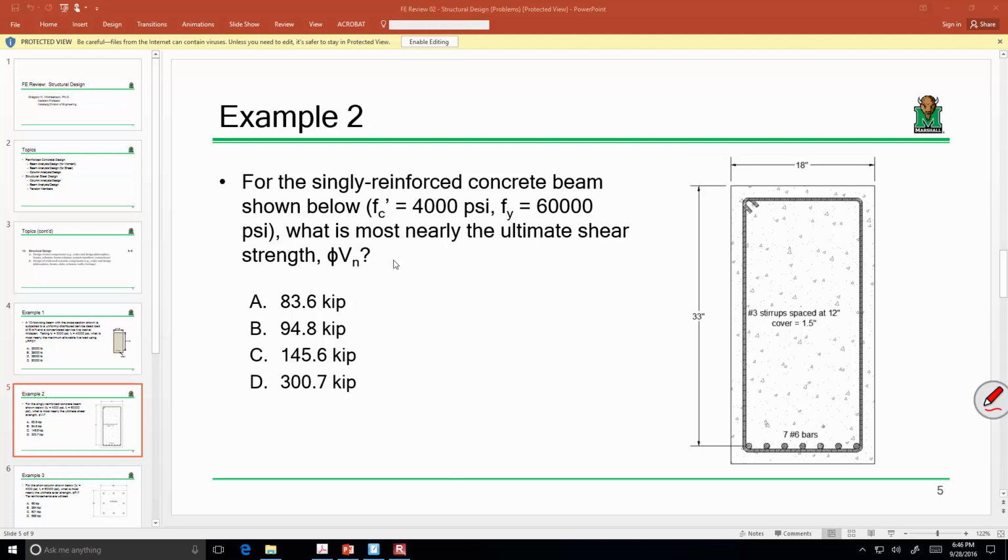Now, let's go into your handout, your reinforced concrete section from the code, and tell me, how do we compute the shear capacity? Obviously, we're going to calculate phi(Vn). So let's start off with this. What is phi for shear? Phi for bending was a little more complicated.